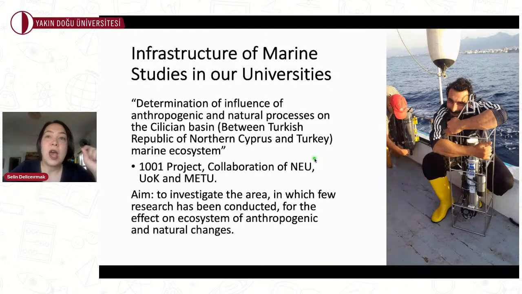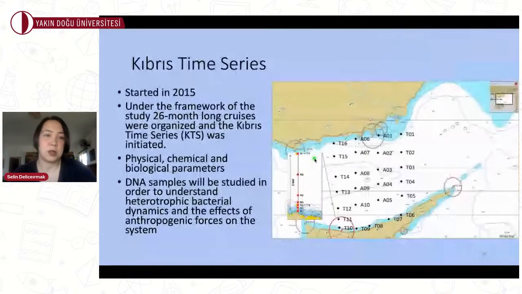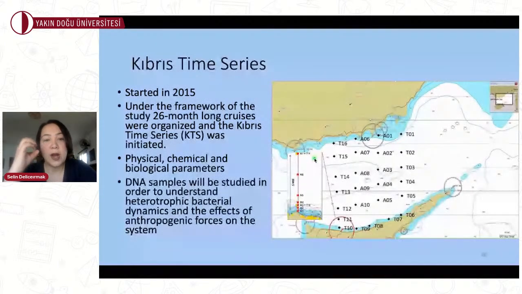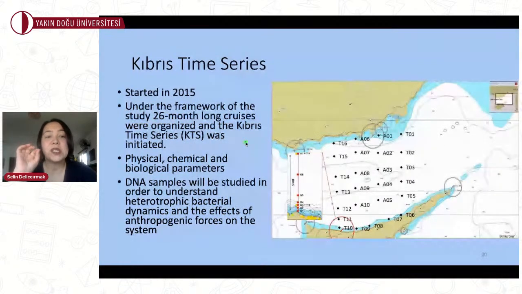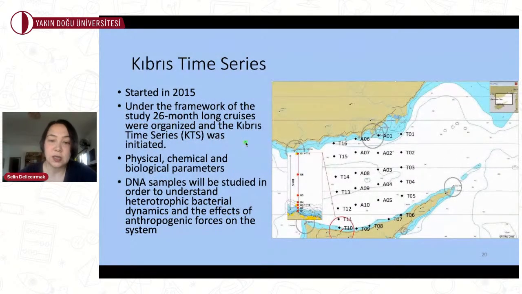If you have such an aim, you require long-term observation. So under the framework of this study, 26-month-long cruises were organized, and the Kıbrıs time series was initiated. Here in this map, you see the location of the Kıbrıs time series.